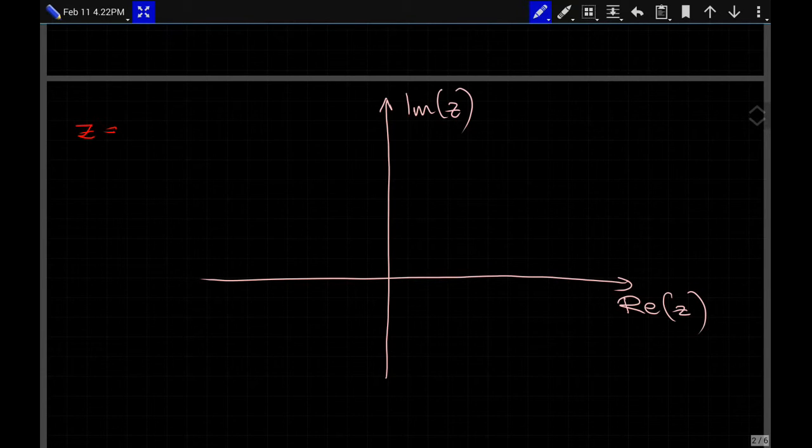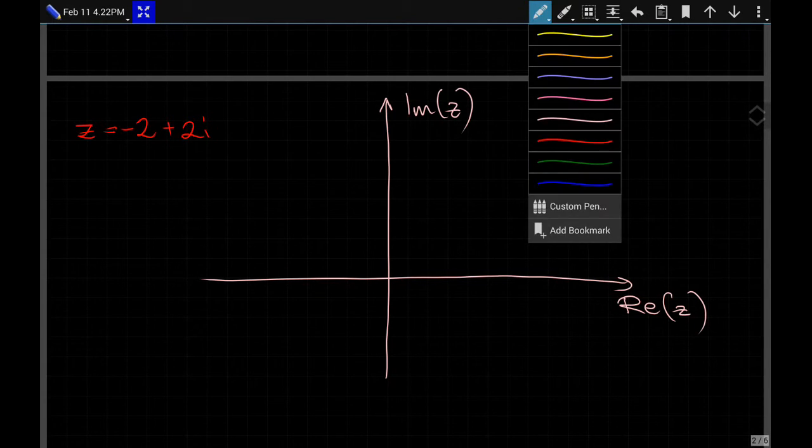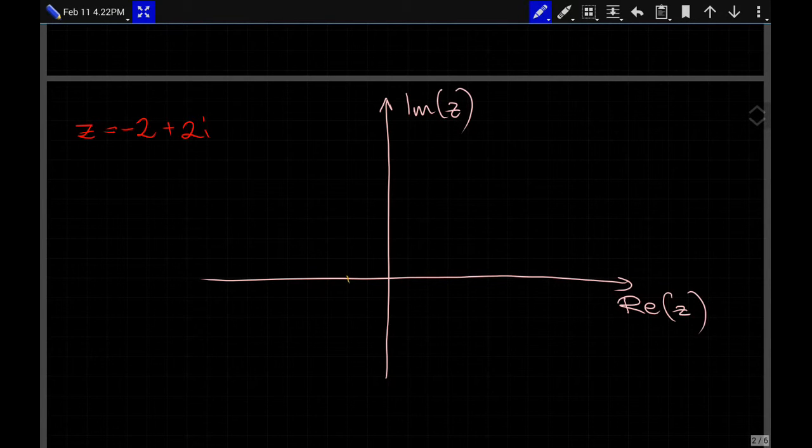Say z equals minus 2 plus 2i. So we have minus 1, minus 2 on the real axis, and then plus 1, plus 2 on the imaginary axis. And that leaves us with z being here.